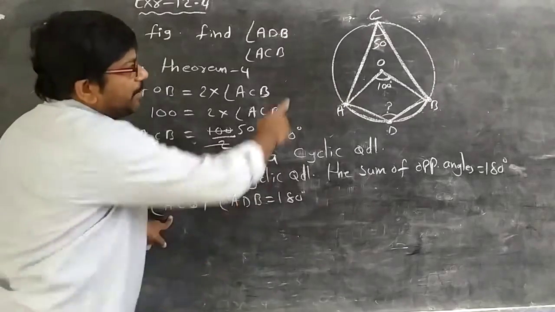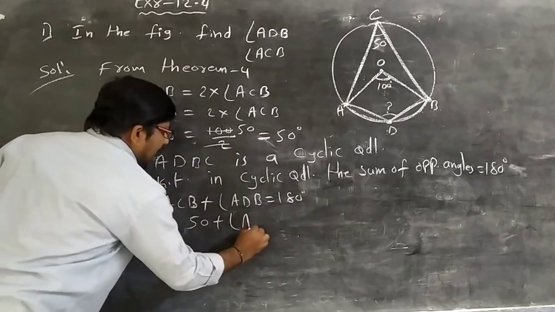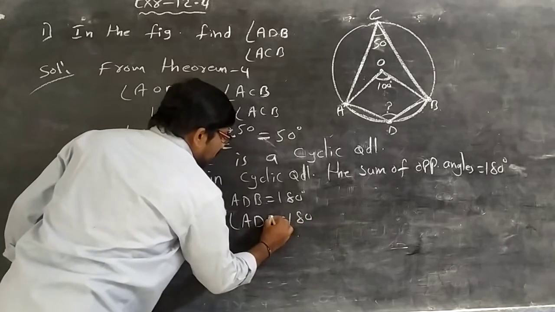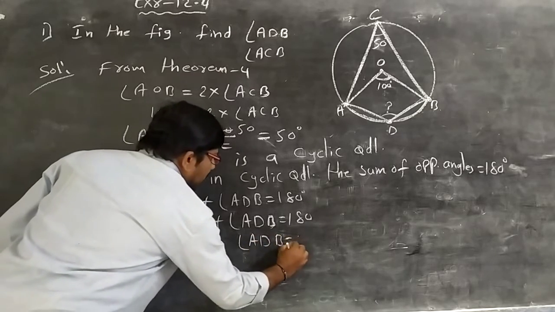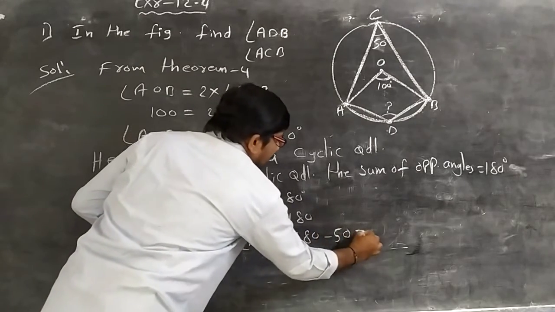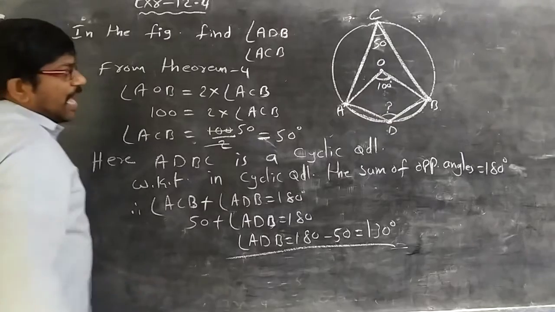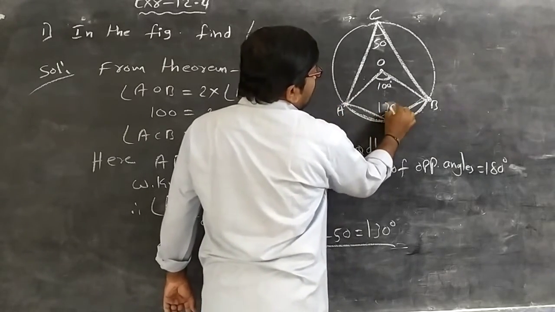We know angle ACB is 50. 50 plus angle ADB is equal to 180. Then angle ADB is equal to 180 minus 50. That is equal to 130 degrees, right? Angle ADB is 130 degrees.